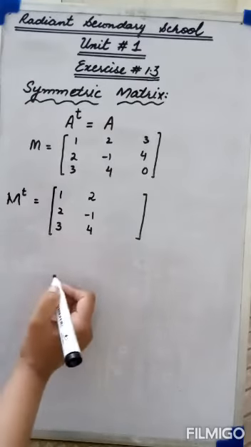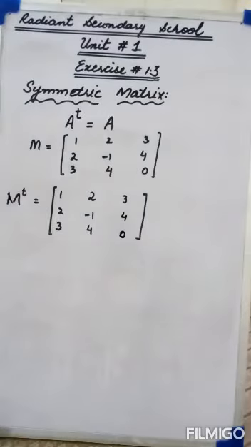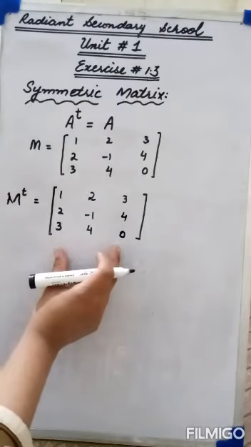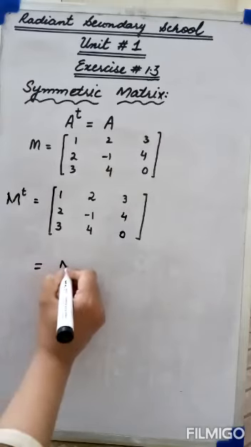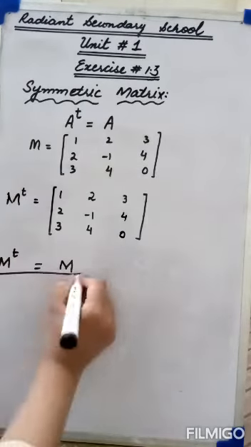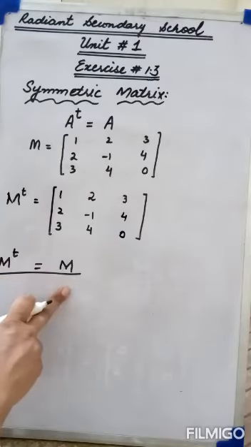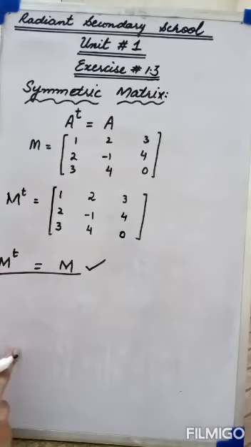This is in the form of a column. And the last one is 3, 4, 0. Now you can see this matrix equals the matrix M. We can write it is equal to M. So the condition is satisfied, that is M transpose equals M, the matrix itself. So if this condition is satisfied, we can say that the matrix M is a symmetric matrix.